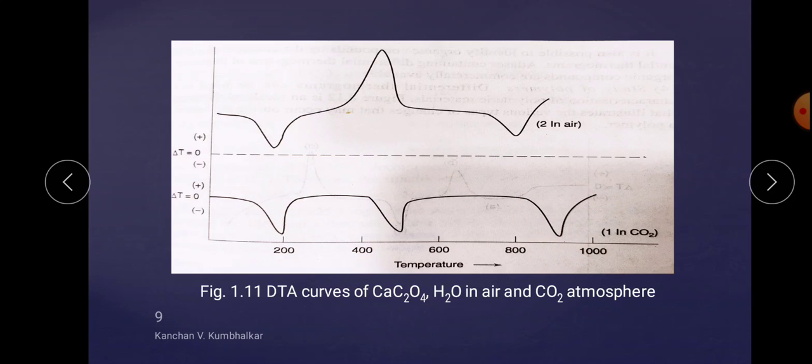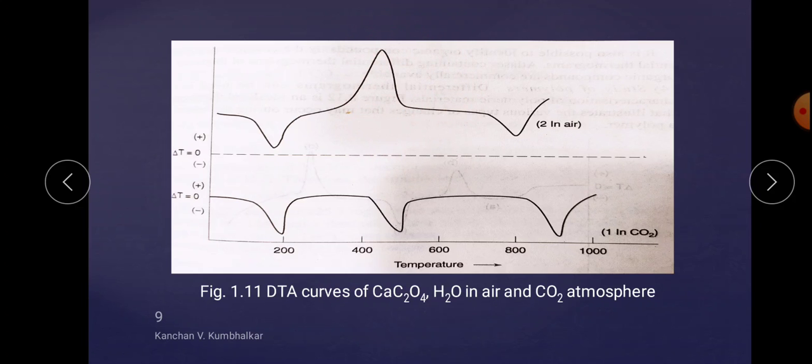But using the same compound, observing the DTA curve for calcium oxalate monohydrate in a different atmosphere, that is in air, there are two endotherms but a sharp exotherm is also observed.